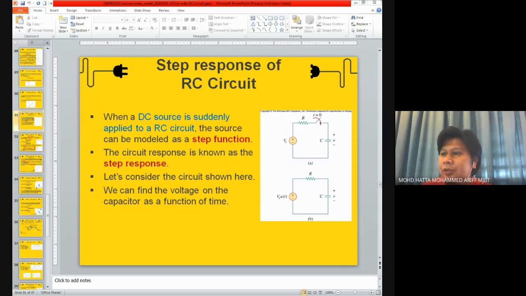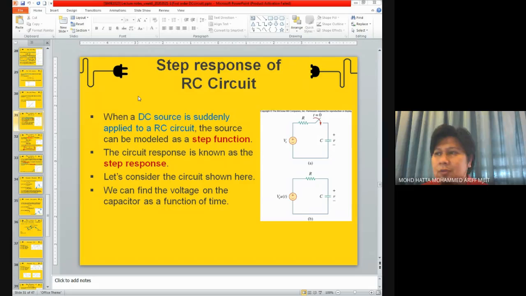Now we try to continue our lesson where we extend our knowledge into the step response of an RC circuit. Previously, we looked at circuits which don't have any sources at t greater than 0.